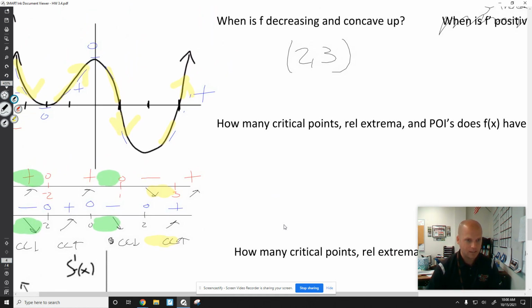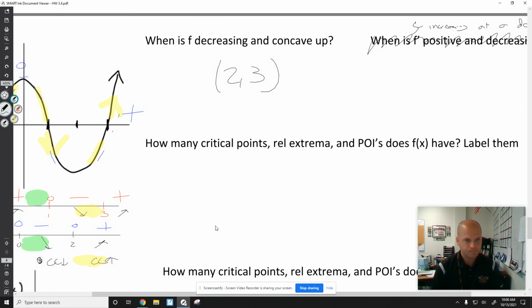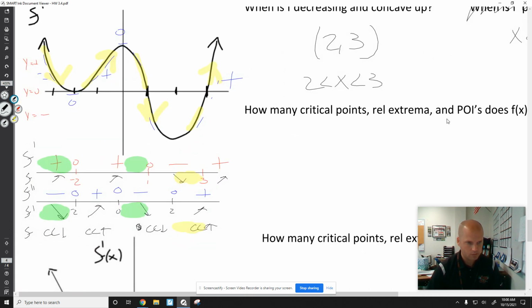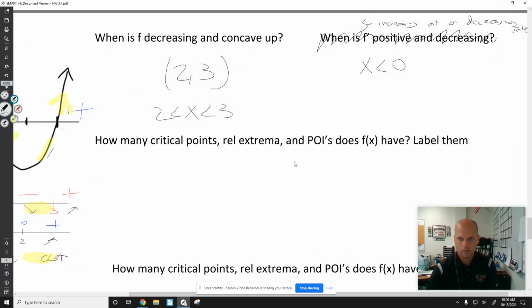So I got less than negative 2 and 0 to 1. Let's write this in inequality notation. Less than negative 2, and 0 to 1. Both of those intervals. Negative infinity to negative 2, and 0 to 1.